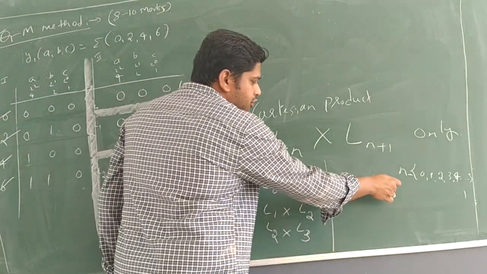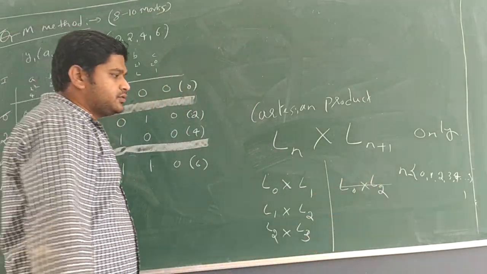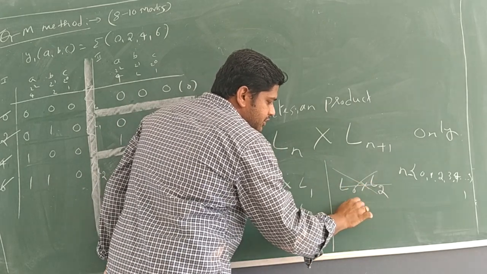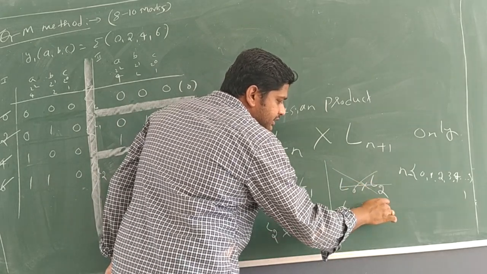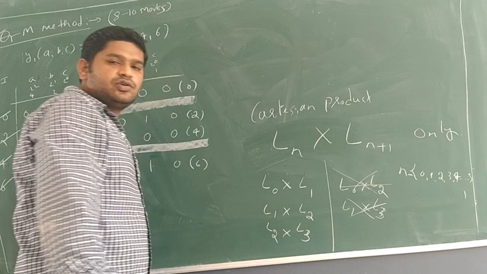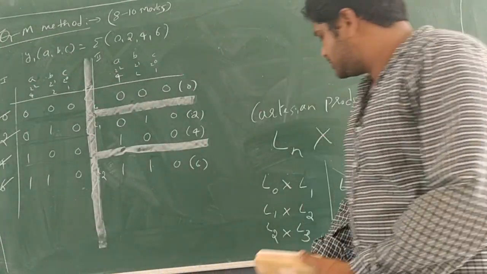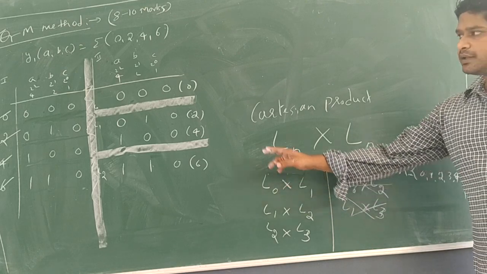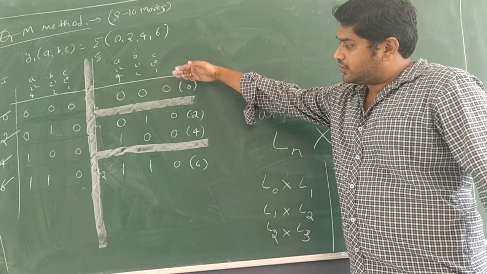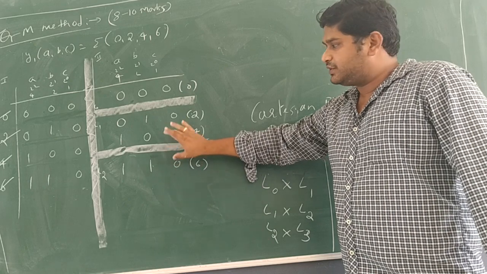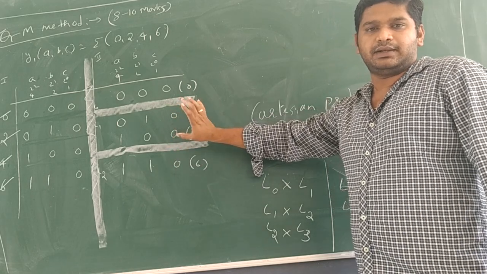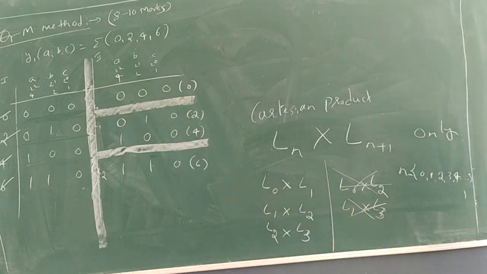This is wrong, so that is not possible. L1 with L3 is also not allowed. That means we should not compare one level with another if there is one more intermediate level. Is it clear? Okay, so fine.